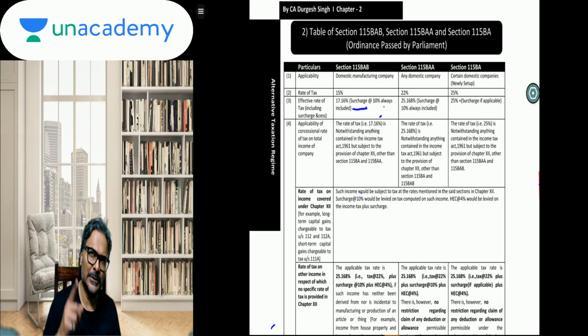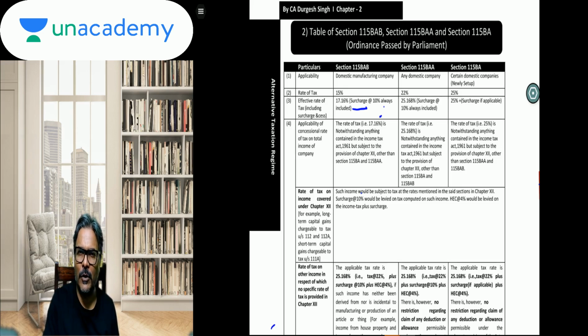Earlier, as you can see in the slide, this alternate tax regime was there in the last AY itself, which is assessment year 2021. But now with effect from 21-22, the alternate tax regime is also extended to a cooperative society, and also to an individual and HUF. So therefore the scope has been expanding.